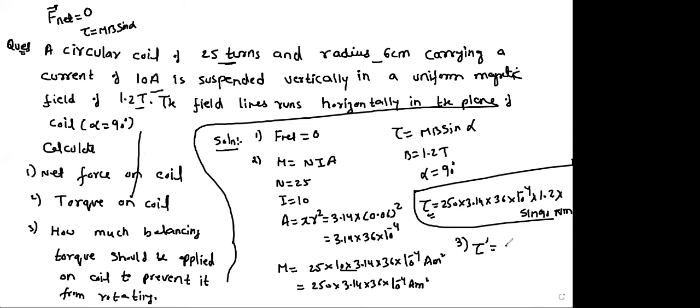You will apply torque which is exactly equal to this torque. If a torque of 10 Newton meter is rotating the coil, then to stop the coil from rotating, you will apply the torque of 10 Newton meter only. You will apply the same torque, but in opposite direction.